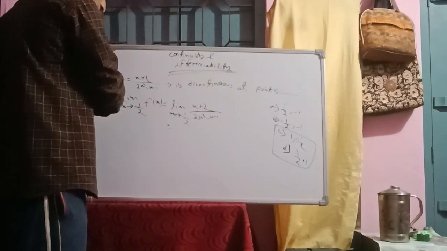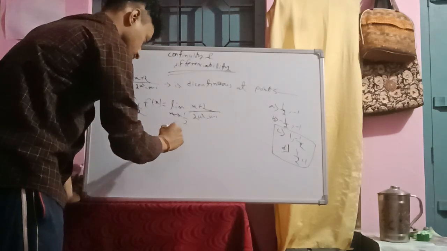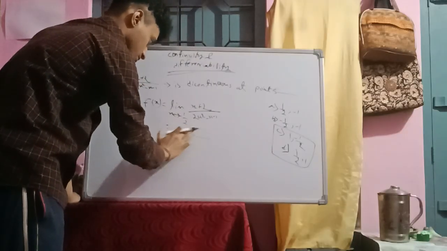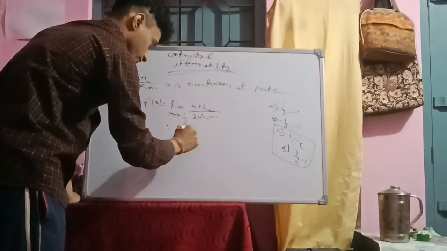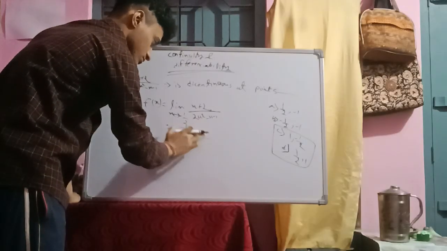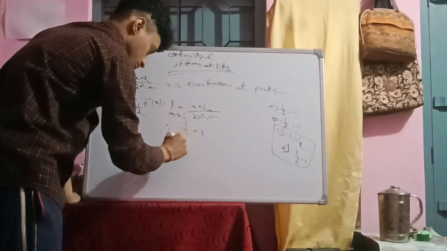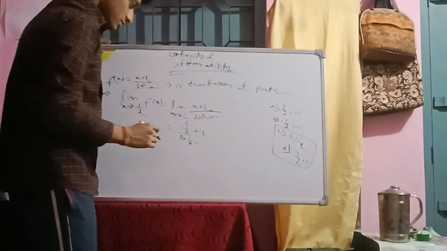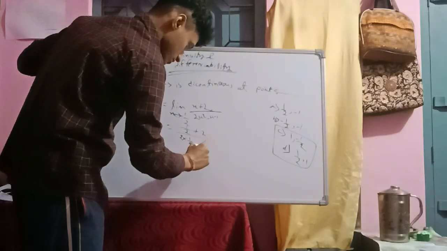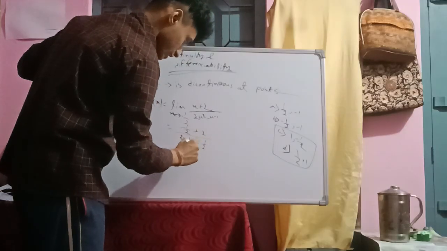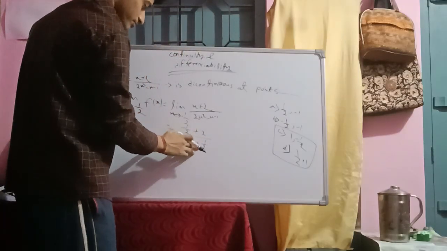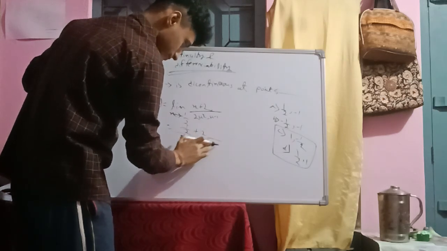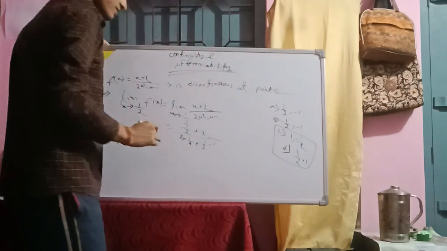This would be, in the numerator, minus half plus 2, times 1 over 4 minus minus of that would give us plus 1 over 2, minus 1.